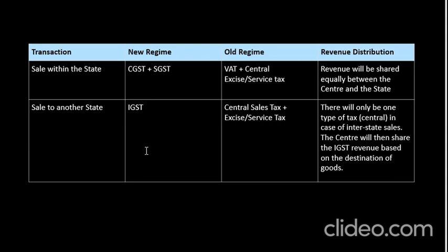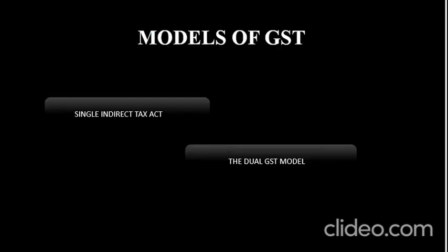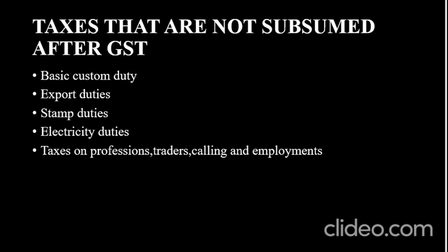IGST is applicable to import of goods and services and interstate stock transfer of goods and services. Export of goods and services is zero rated. All goods or services are likely to be covered under GST except alcohol for human consumption, state excise plus VAT, electricity duty, and real estate tax, which is also discussed in this slide.